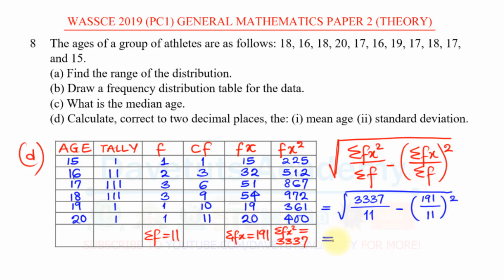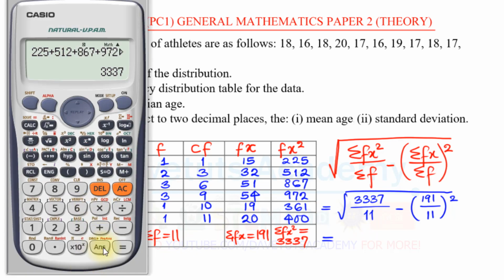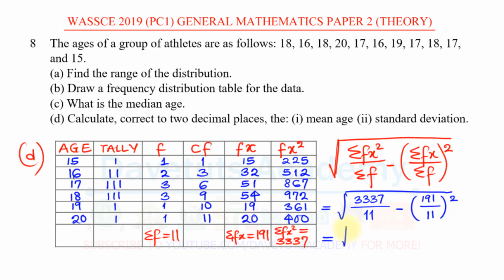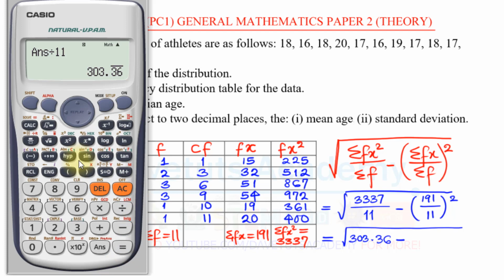Okay, so let's just do this piecewise. We can evaluate our previous answer divided by 11, that is 303.36. So we have the square root of 303.36 minus 191 divided by 11 all raised to power 2.